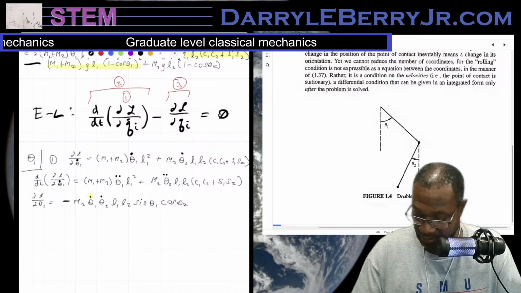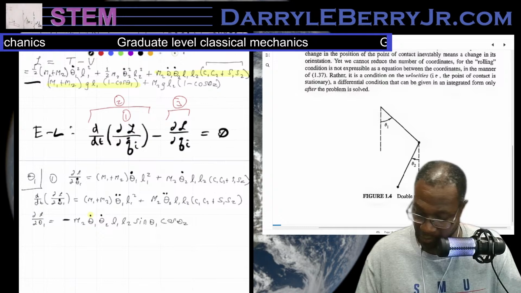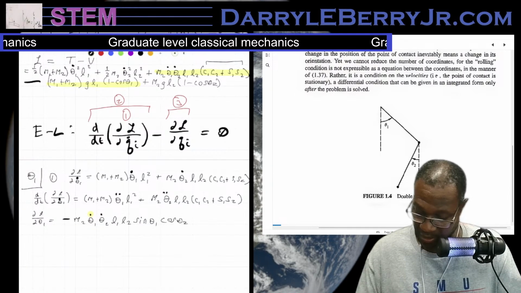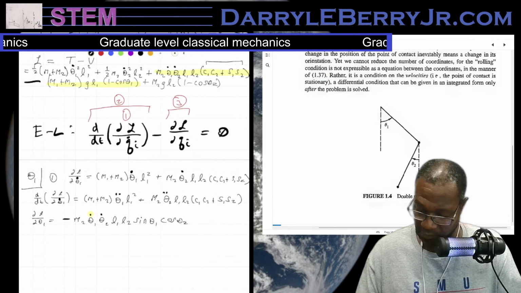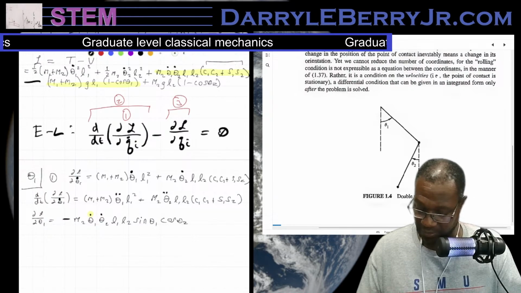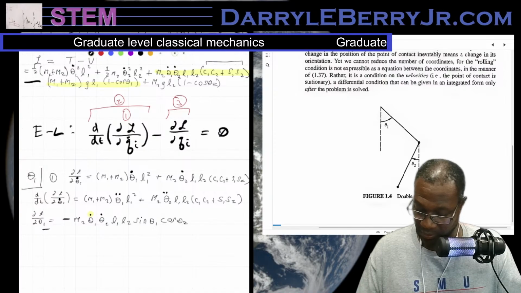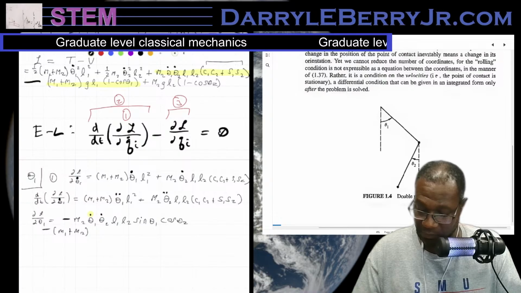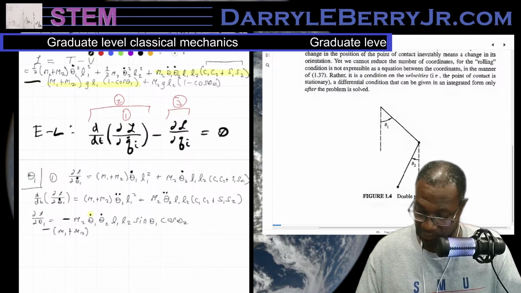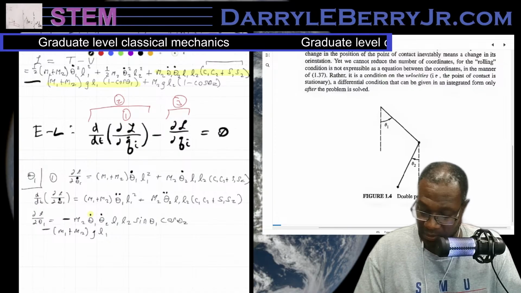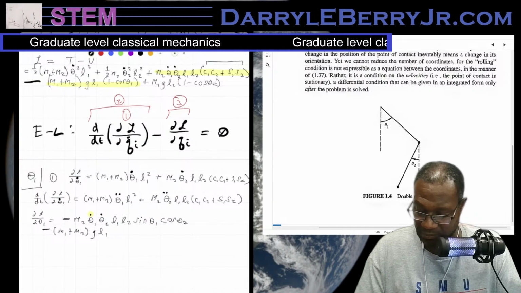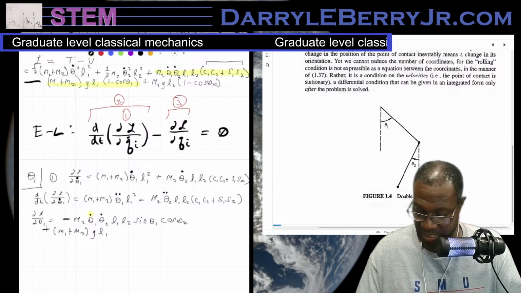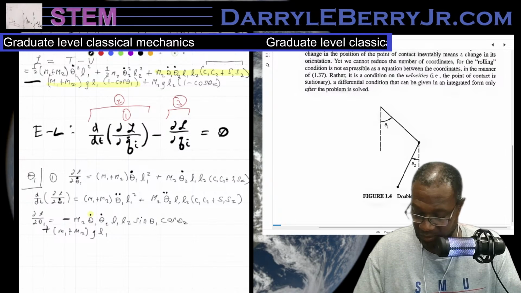And then I have to take the derivative of the other part. I have a negative in the front already, and (M1 plus M2) g L1. When I distribute that into the cosine, that's going to become a positive cosine theta 1.